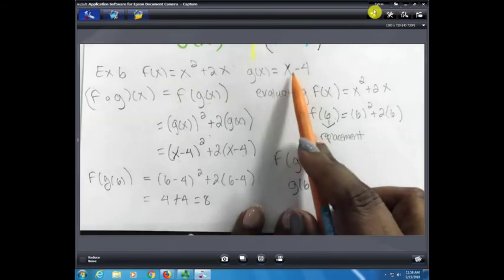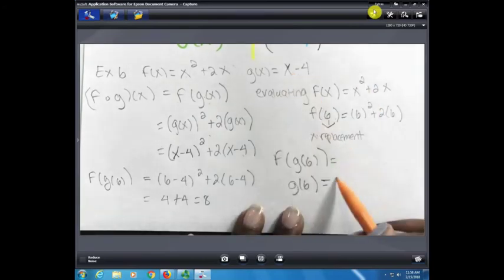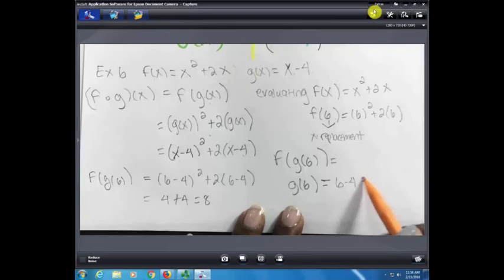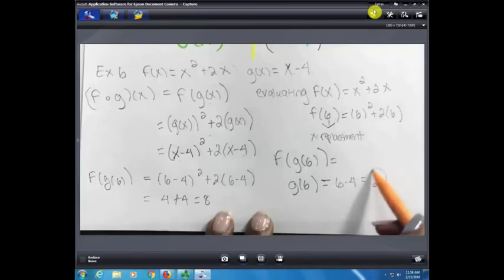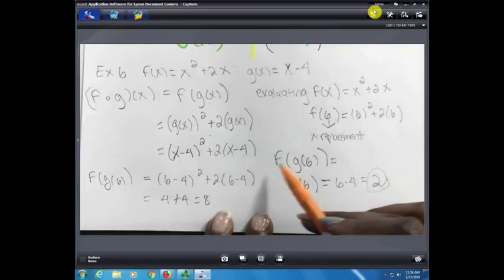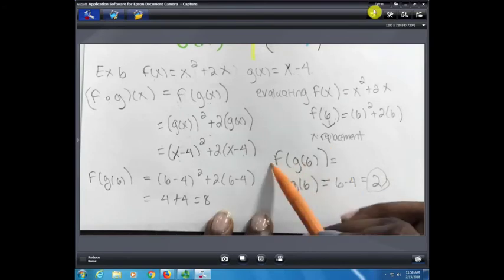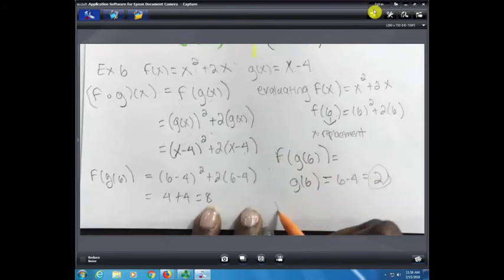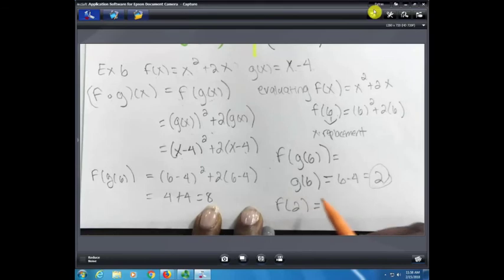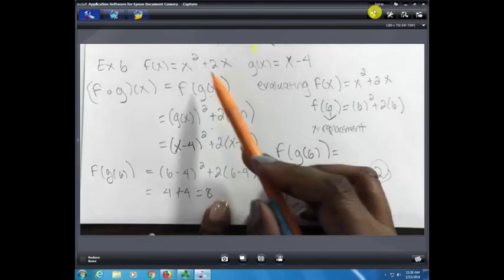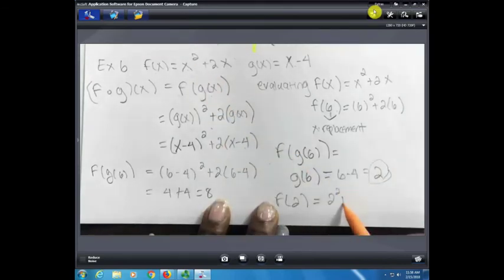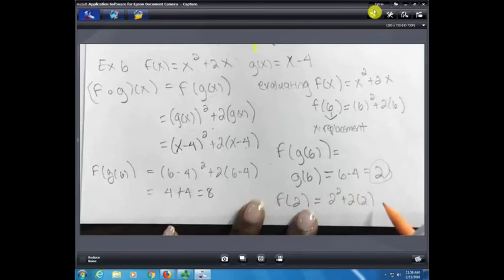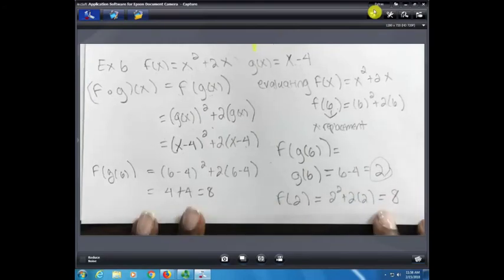G of 6 would be 6 minus 4, which is 2. And then what do you think you can do with that 2 to plug it into the f function? Now you can find f of 2, which would be 2 squared plus 2 times 2, which is again 8. Two separate ways of doing that.